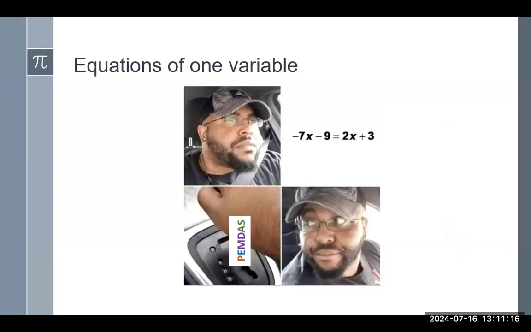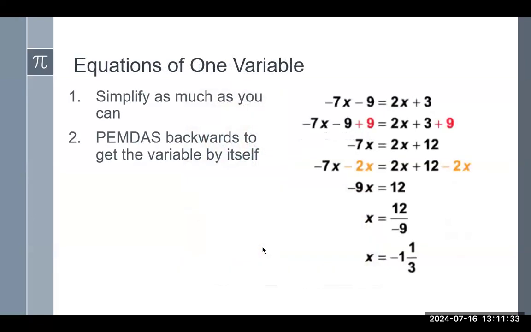Now, if you have equations of one variable and you have to solve for the variable, meaning the letter in the equation, just apply PEMDAS backwards, as this meme implies. So say we start out with negative 7x minus 9 equals 2x plus 3.